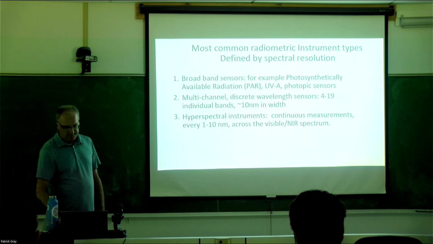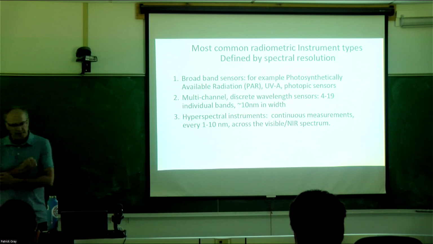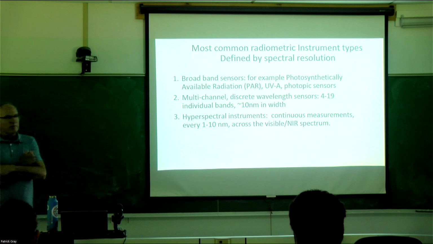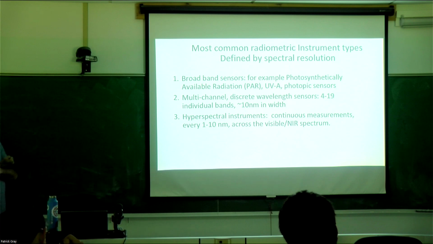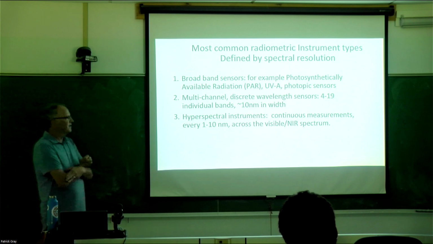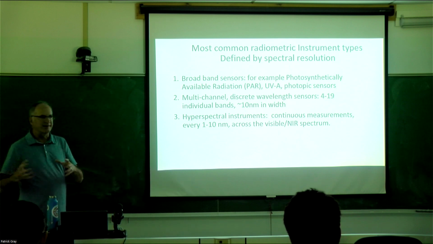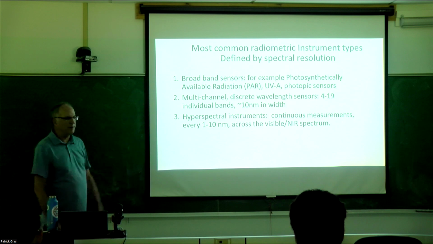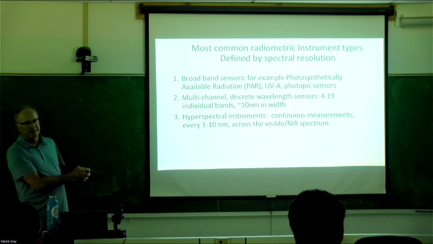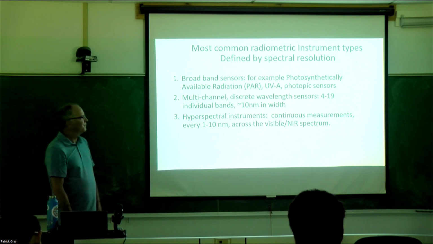All right, so the way I think about breaking this down, and you've seen it when you go to websites, there are different ways to break down your sensors into different models and characteristics. One we just talked about: you can buy a PAR sensor, whether it's scalar or planar.